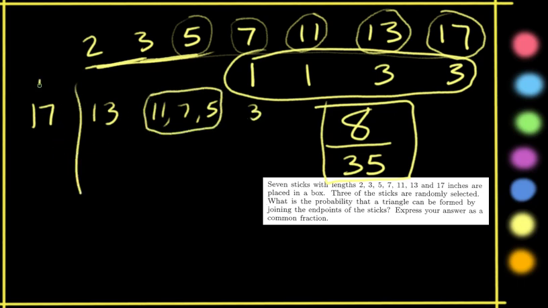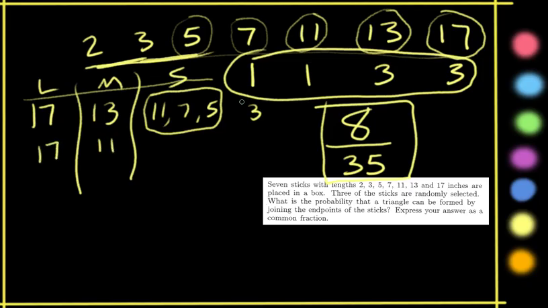So this is large, medium, small. And then if you had 17 and 11, you could have a 7 here. So yeah, there are 4 possibilities altogether, 3 here and 1 here. Somehow I messed this up. I apologize for that, but this one is supposed to be a 4 instead of a 3. So now if I do 4 plus 3 plus 1 plus 1, that's actually 9 over 35. So that's going to be my final answer.